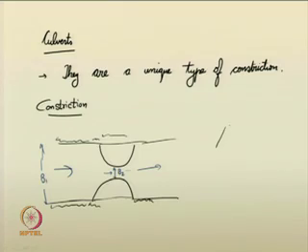If we just try to elaborate the constriction forms, you may see that a sort of embankment is being provided with certain dimensions.